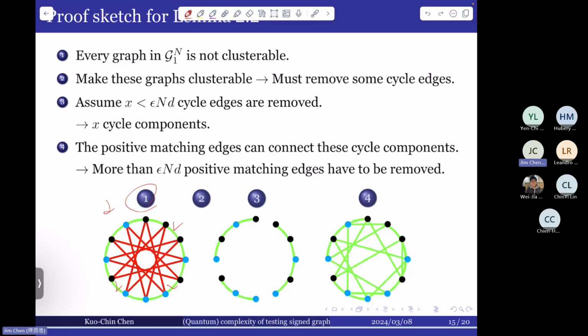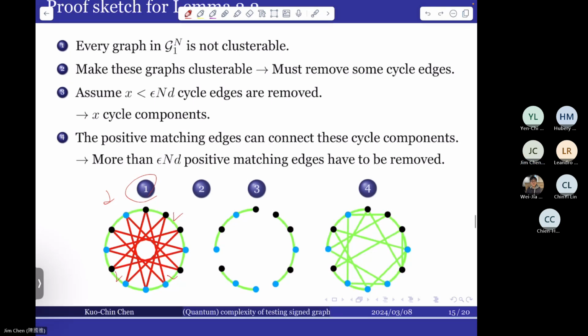Why is that? Since we know that in the property of clusterability, the positive edges connect every vertex into one component.